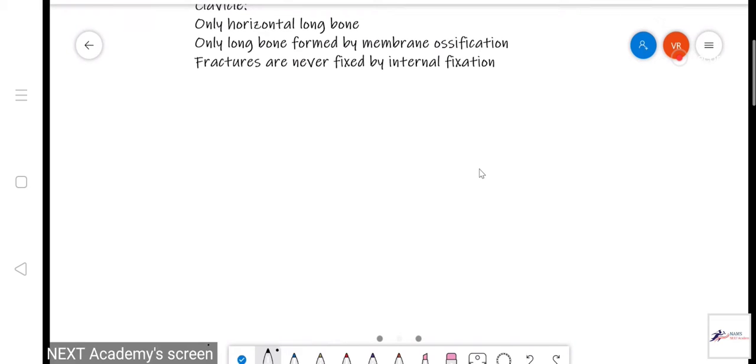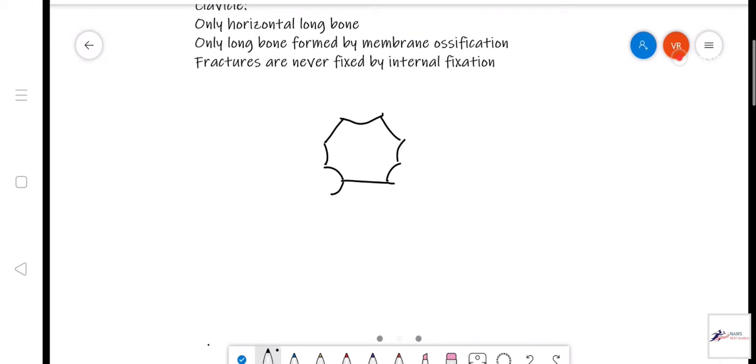So basically, the clavicle articulates with the sternum. So you put the manubrium sterni here, and if you see, this is the manubrium sterni, and that's the body of the sternum and the xiphoid process.